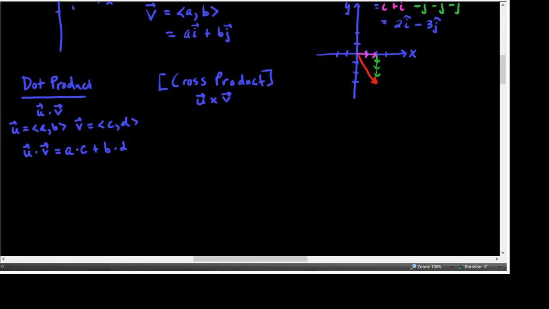And so notice that the answer here is a number, which we refer to as a scalar. It's just a real number. So the dot product of 2 vectors gives you a scalar, not another vector. The cross product is the thing that gives you another vector.